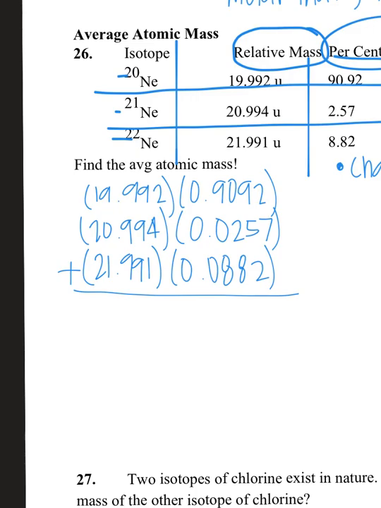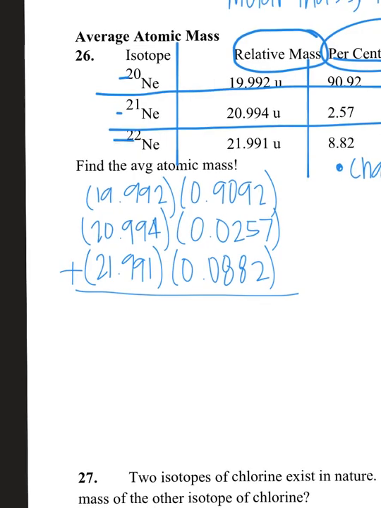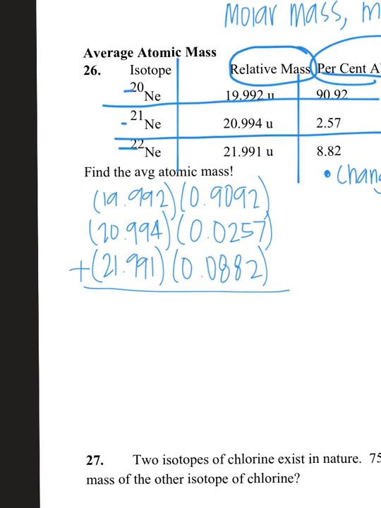I will give you a little hint: whichever one has the biggest abundance, which is neon 20, is the one the average atomic mass is going to be closest to. So when I do all this, I multiply, multiply, multiply, and then add up each of those numbers. I get 20.656 U. The U is kind of special. It can mean a bunch of different things.